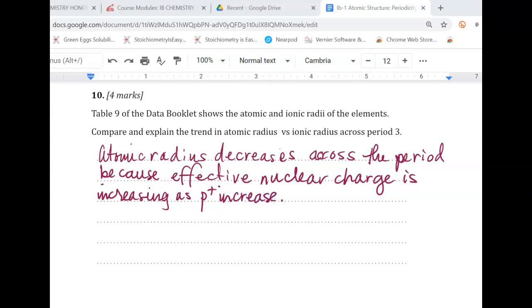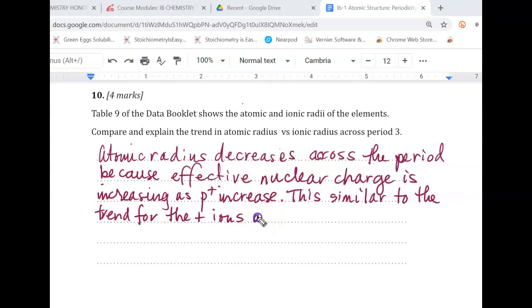All right. Now, this is similar to the trend for the positive ions as protons increase.